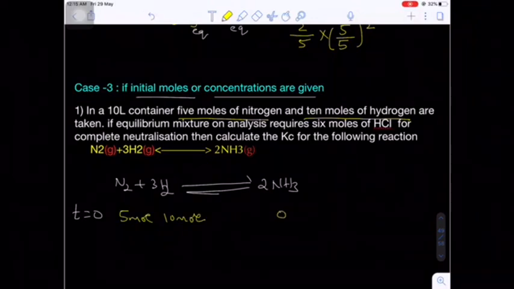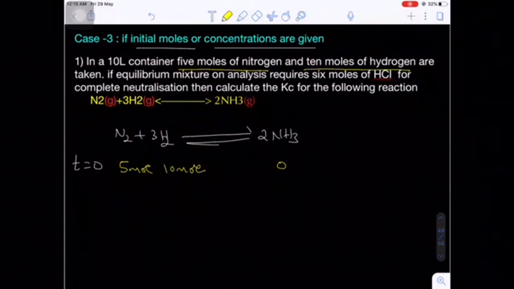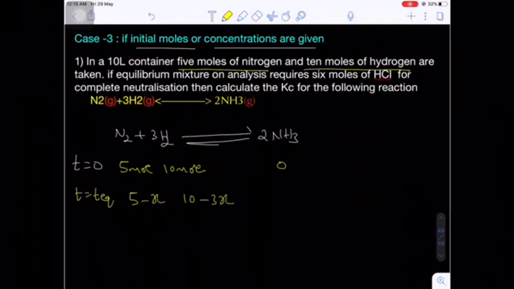Initially there is no ammonia. When the system attains equilibrium, let's suppose x moles of nitrogen decompose, then 3x moles of hydrogen should decompose according to the 1:3 stoichiometry. Then 2x moles of ammonia should form.